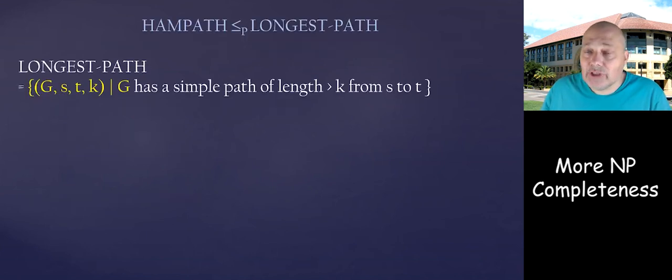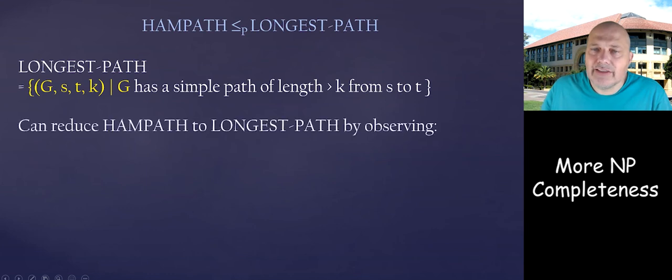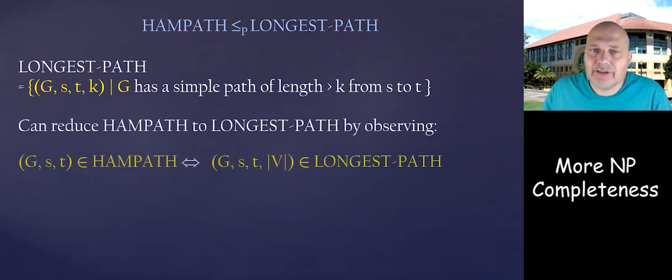And we can show very easily that Hamiltonian path is polynomial time reducible to longest path. So G, S, T, K is the longest path problem, and the reduction is simple. G, S, T is in Hamiltonian path if G, S, T, V is in longest path.